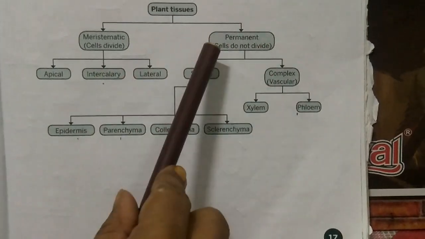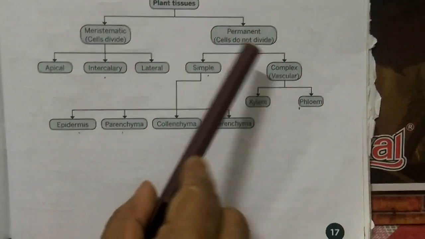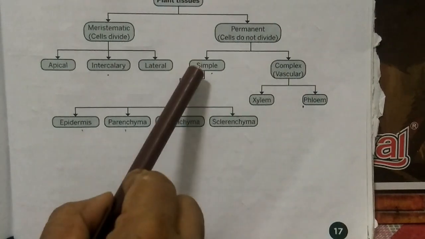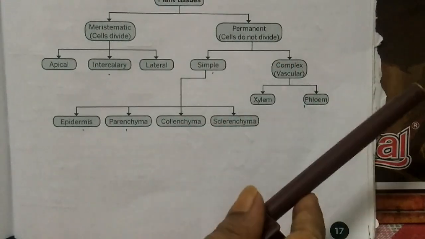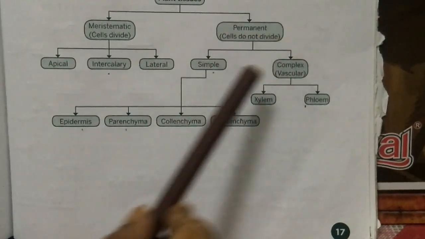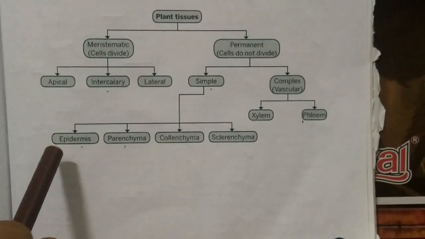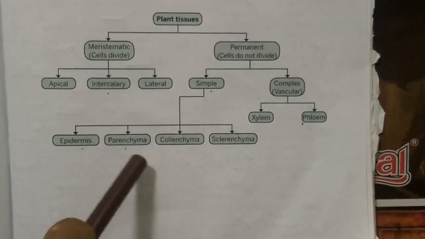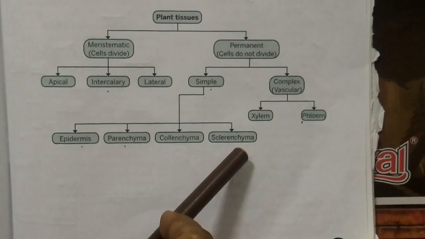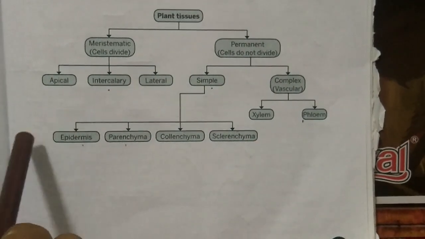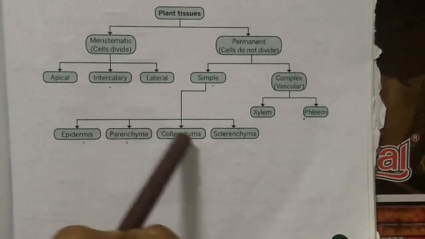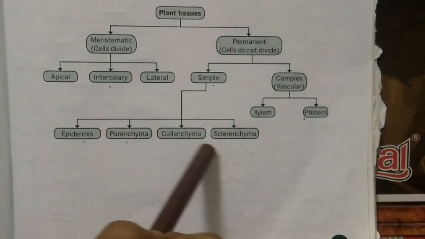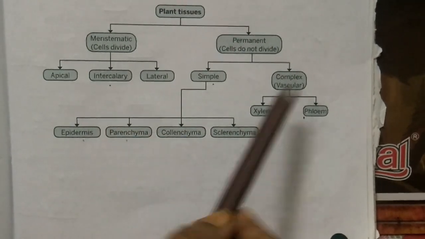Permanent tissue is divided into two categories, simple permanent and complex permanent. Under simple permanent, we have four types of cells, that is epidermis, parenchyma, collenchyma, sclerenchyma. Epidermis is the outer covering of the cells, but parenchyma, collenchyma, sclerenchyma are the three differentiating cells.